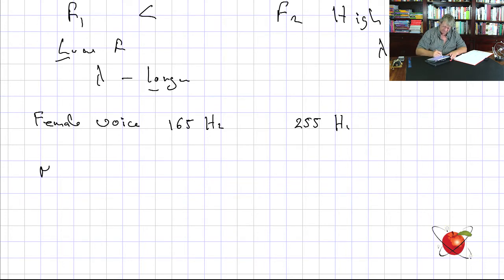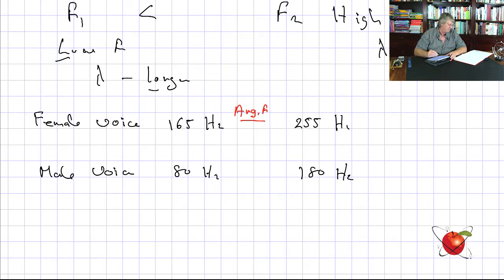The male voice is between 80 and 180. So let's take the average frequency of a female voice. It comes to 210 hertz. You just add those and divide by 2.